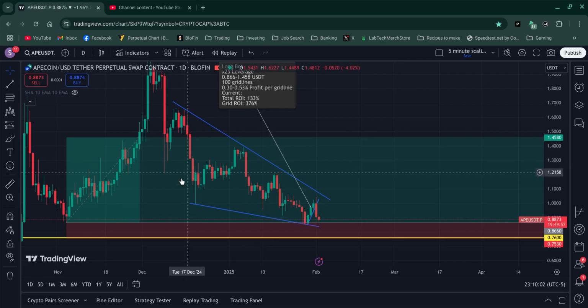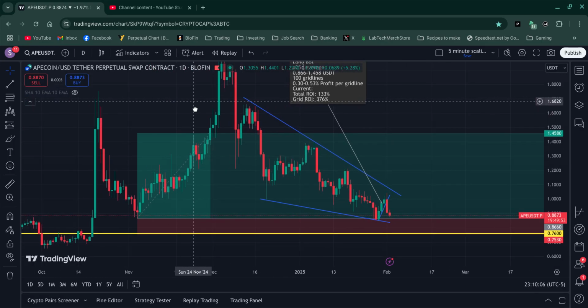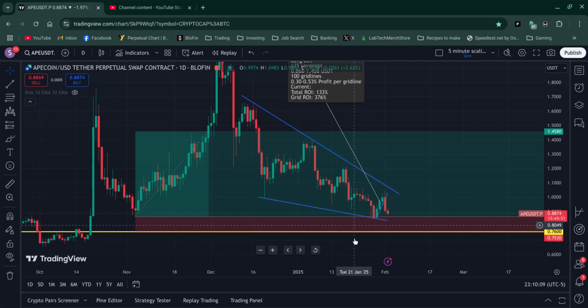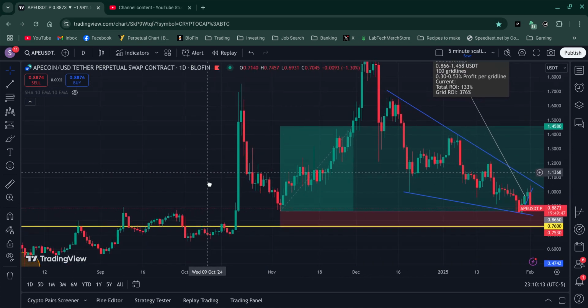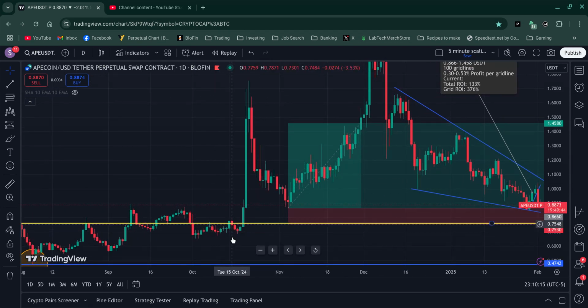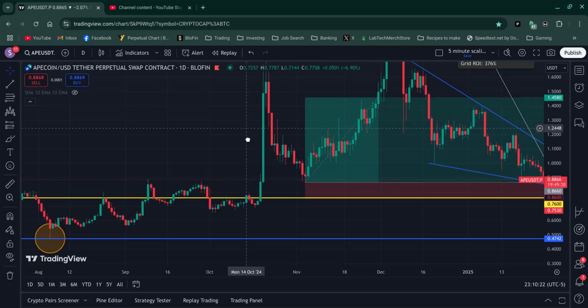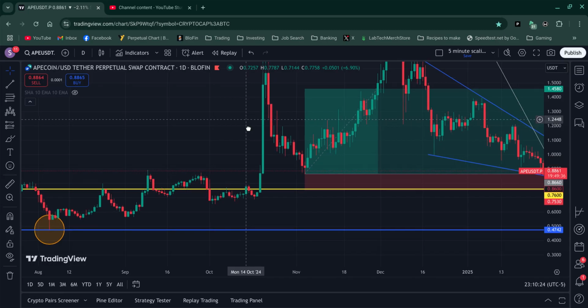At least for right now, following the pump in November, we've had a correction down, really almost to the point where we were in September last year. So we're getting pretty close to really our all time low here.